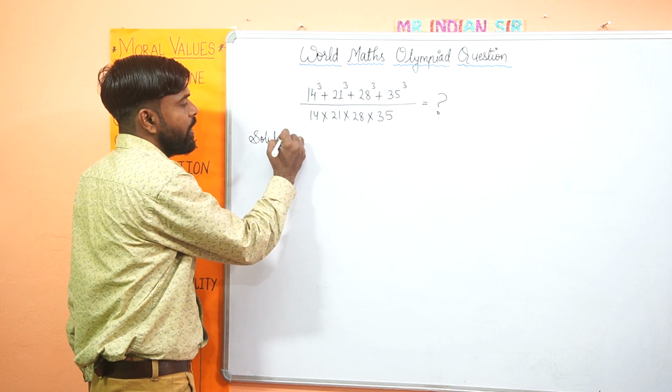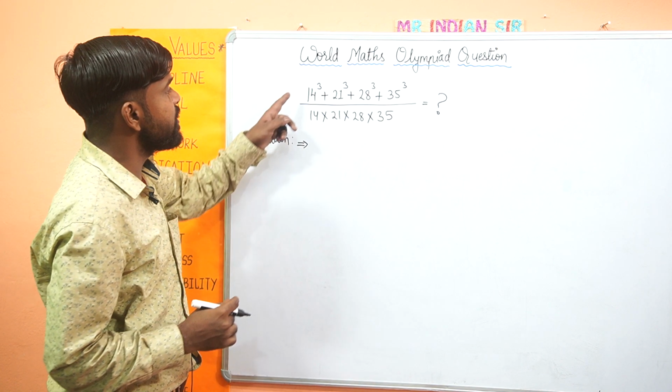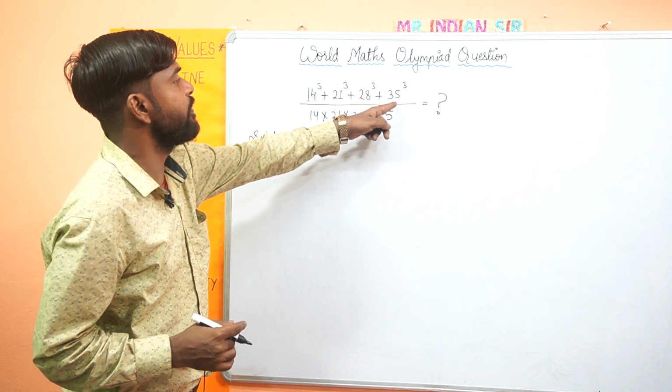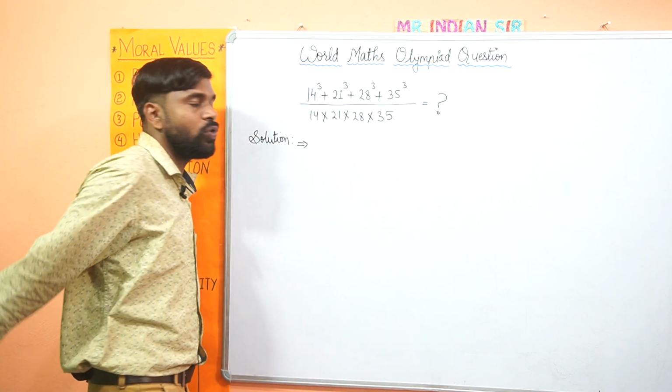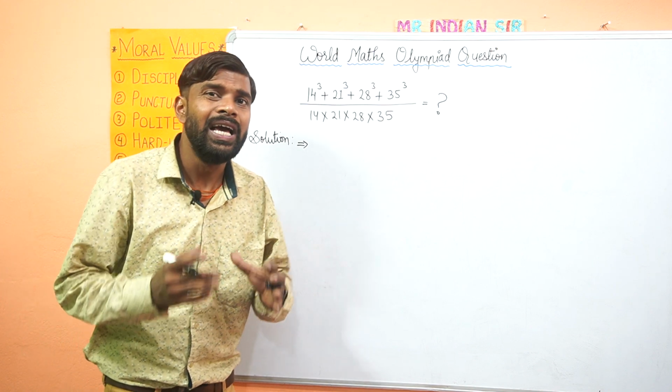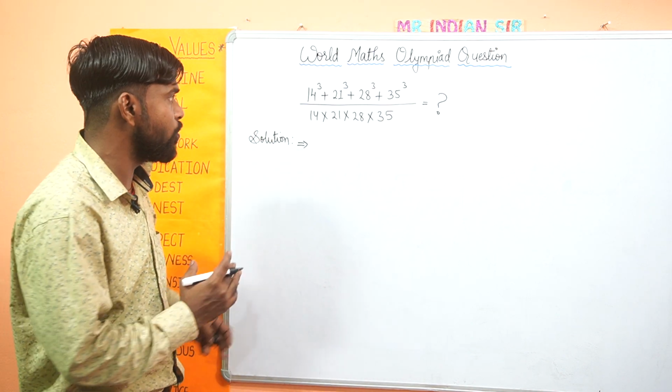So the solution starts. Now just clearly observe, this is 14, 21, 28, 35, and in the denominator also we have 14, 21, 28, 35. So the only thing that we see common over here is the number 7, but we have to take some serious steps in order to solve this.